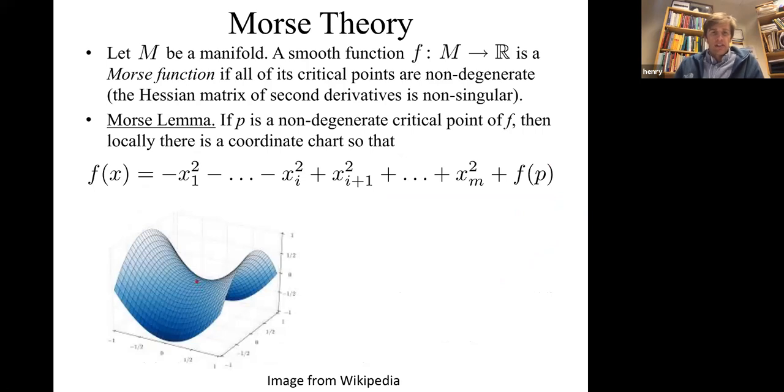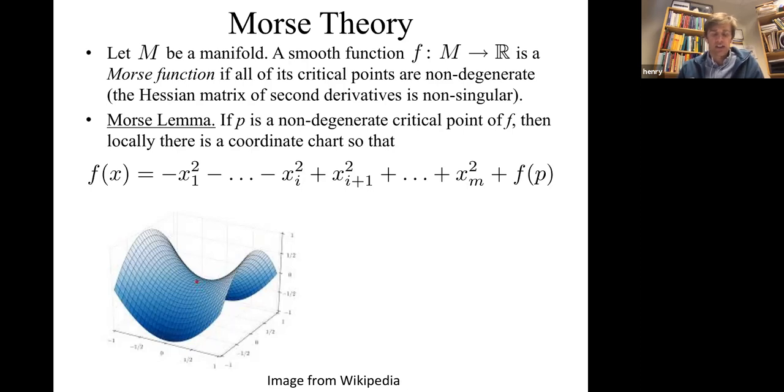So the Morse lemma says that if your critical point is non-degenerate, then locally you can represent your function in this chart where it looks like some number of directions where the function is decreasing, this negative x1 squared up through negative xi squared.